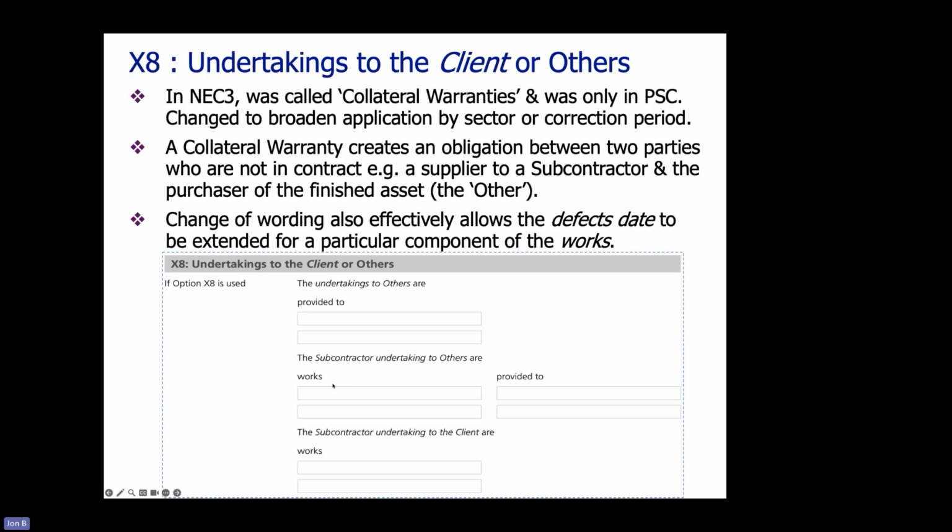The subcontractor undertaking to others are, and this would be what they're doing, provided to. So that could be the M&E systems. The subcontractor direct to the undertakings to the client are these things here. So on big contracts, you often see multiple collateral warranties put in place.